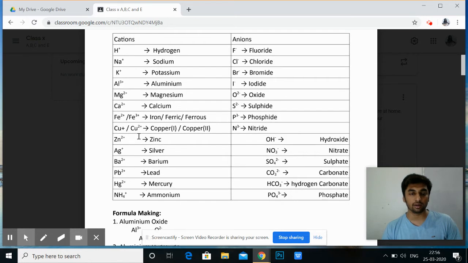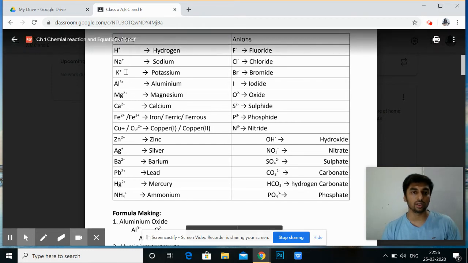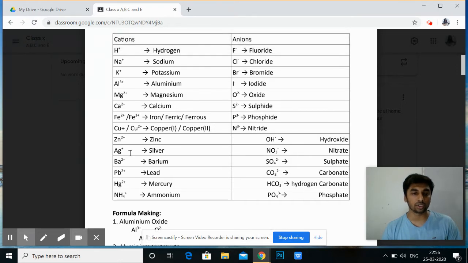Similarly, the elements which contain three positive charge are aluminium. Remember this: hydrogen, sodium, potassium, and silver contain only one charge. Magnesium has two plus, and aluminium contains three plus charge.